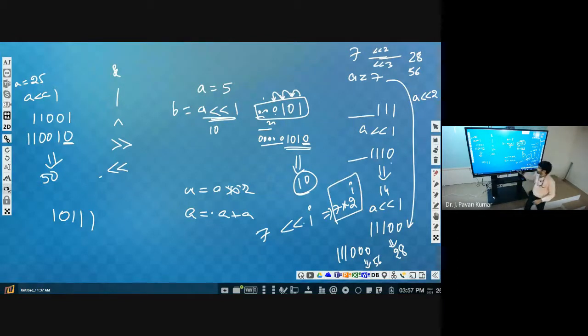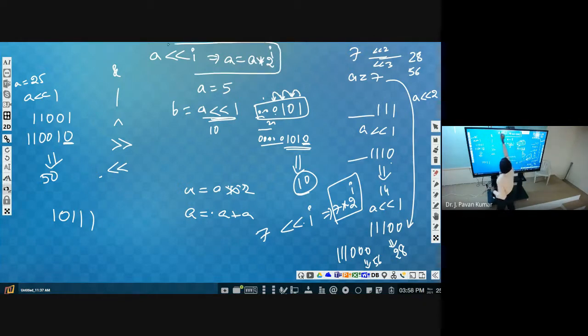Now we can generalize it like this. Whenever we have a number a, if you left shift by I positions, this is equivalent to a into 2 power I. This is the formula.